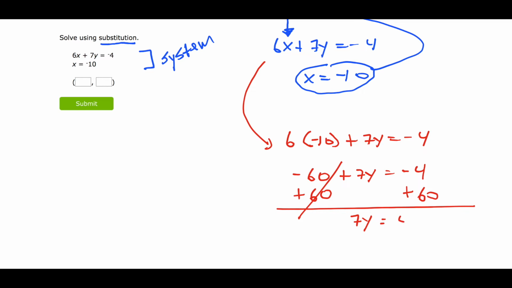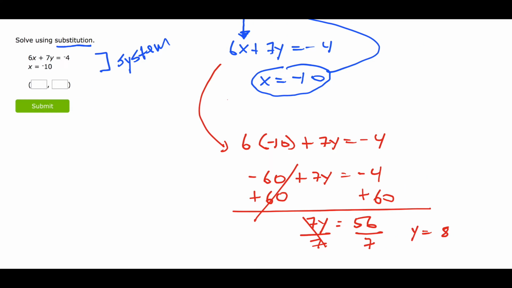Cool. Okay, divide by 7. And we get y equals 8. I was like, why do we have two x's? So y equals 8. Okay, so we actually have an answer.